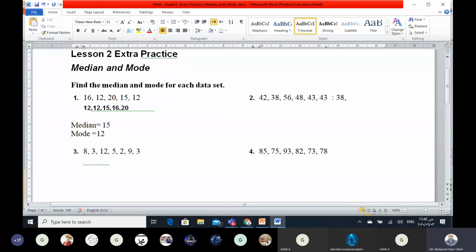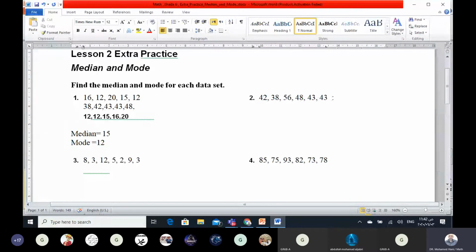Then we have 42. Then we have 43. Then 43. Then we have 48. Then we have 56.